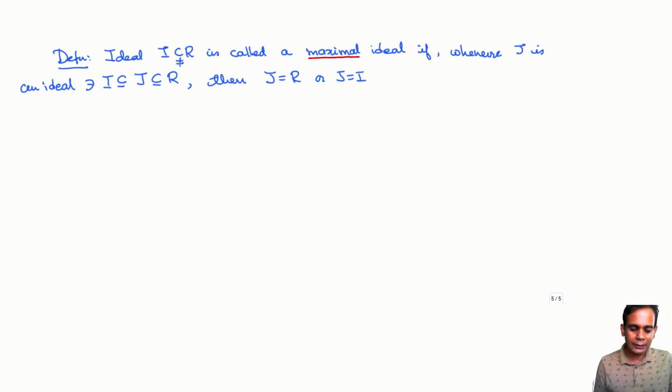If I is R itself, then we don't typically call it a maximal ideal.